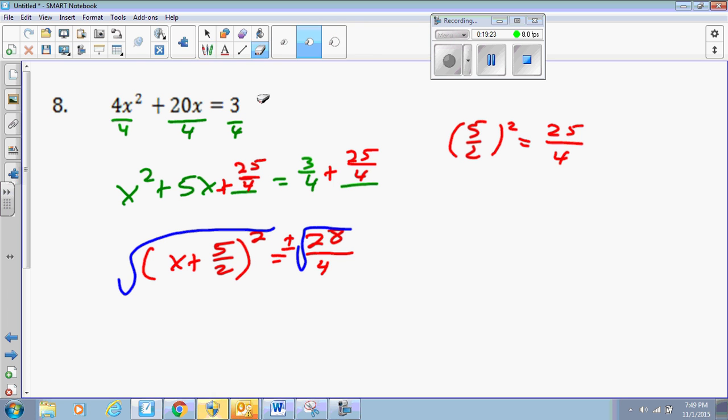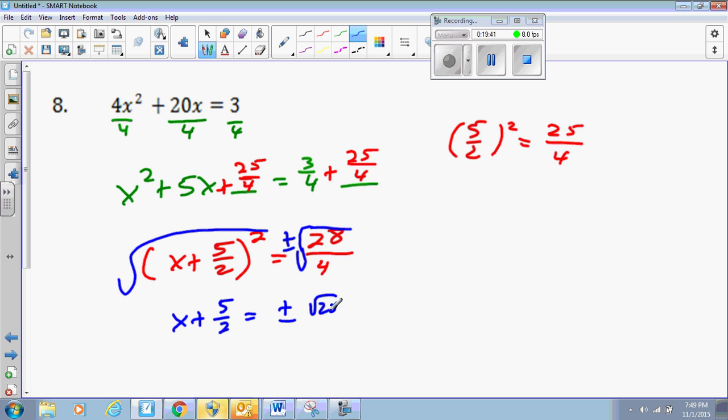The plus or minus wasn't there yet. Sorry. Well, it is there now. When I take the square root, it's plus or minus. So x plus 5 over 2 is equal to plus or minus the square root of 28 over the square root of 4, which is plus or minus the square root of 28 over 2.